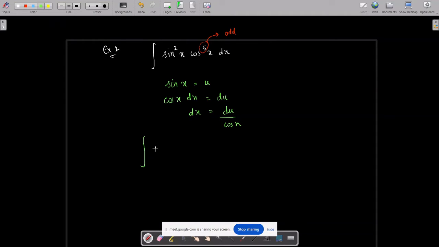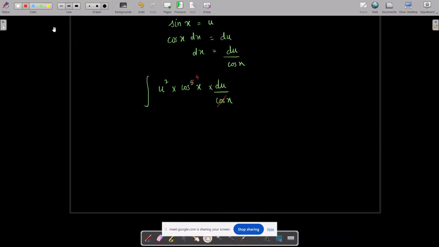This is u squared times cosine 5x, and dx is du over cosine of x. Now one cosine of x will get cancelled and this will become 4, so this makes the power even. So u squared times cosine to the 4th x du.